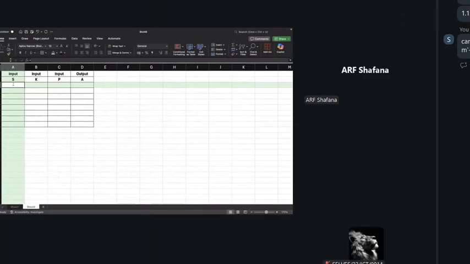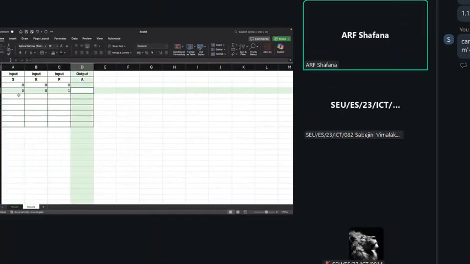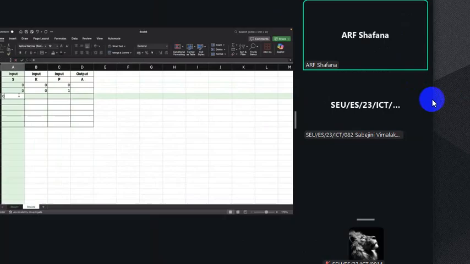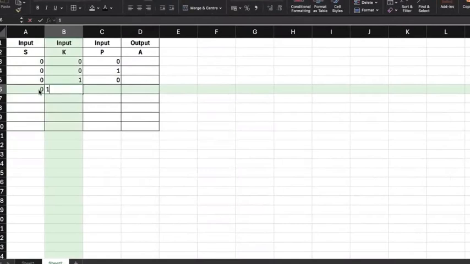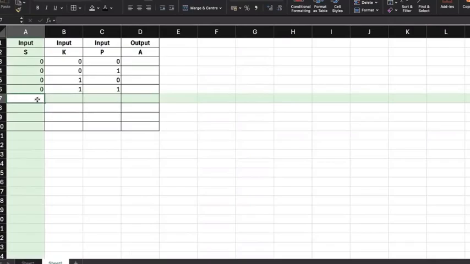So the combinations are going to be 0, 0, 0, 0, 0, 1, 1, 0, 1, 0, 0, 0, 0, 1, 1. Similarly here, 1.